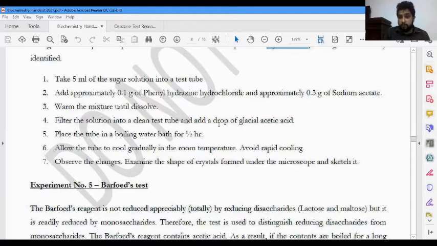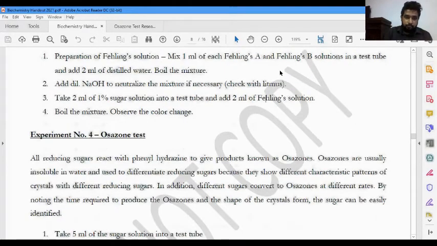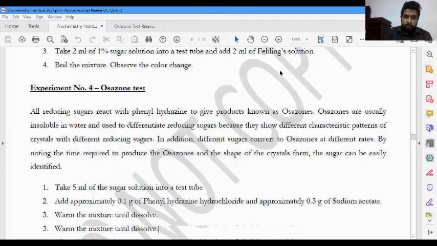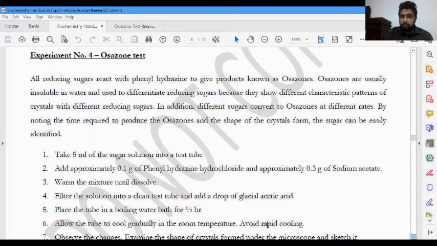Please, as your next practical record, you have to write about the osazone test. In the discussion, you have to write the importance of each step, and why we add phenylhydrazine, why we add sodium acetate, and why we add glacial acetic acid. Therefore, please understand this clearly, and if you have any questions, don't hesitate to ask.